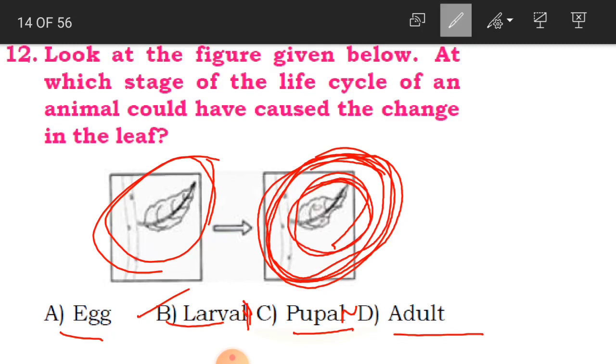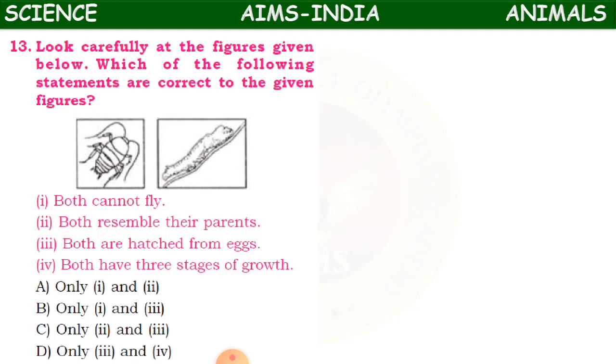Clear, children? Okay, now here, 13th question: look carefully at the figures given below. Which of the following statements are correct for the given figures? See, children, here you have got two pictures. One is an insect, and another one is also a baby insect.